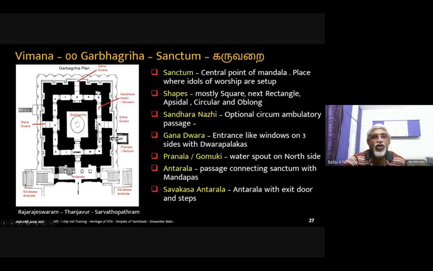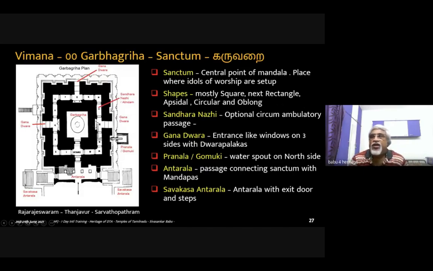So it is not just one wall here, there are two walls. So that is the engineering aspect of Sandara Nadi. So this temple or this Vimana is called Sandara Vimana. If there is no Sandara passage, normally it is called Nirandara Vimana because it is permanently one wall.